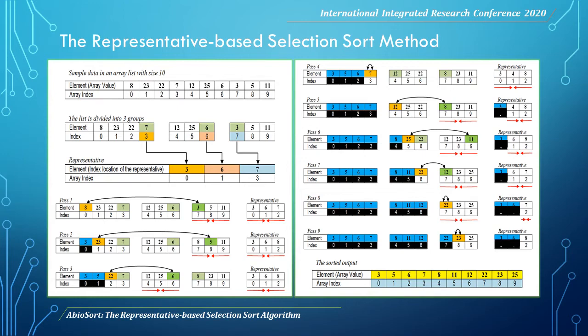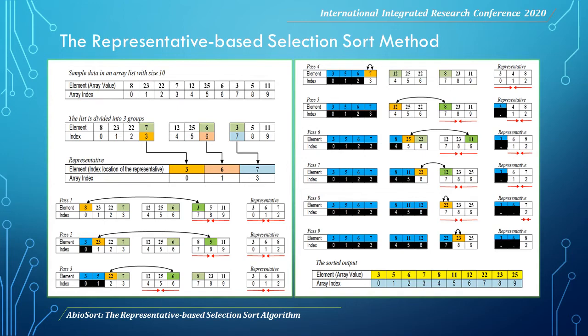Step 5, swap it with the value in the first cell of the unsorted portion of the array list. Step 6, look for a new representative for a group where the last smallest value was found. Step 7, repeat step 4 until the data in the array list are already sorted. The sample results of these steps are shown in the given illustration.